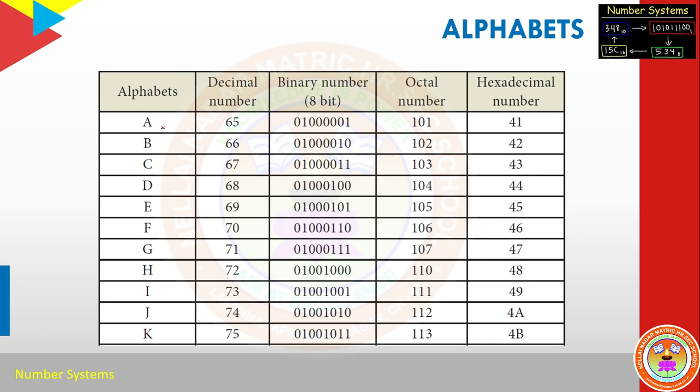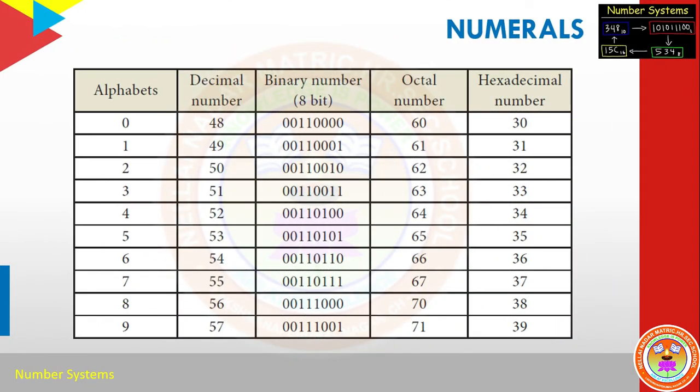So alphabet A should be considered as decimal number 65. This is one of the ASCII codes we already mentioned, right? So 65, and capital letter B is 66, like that you can write. Understood? And this side is the binary number in 8-bit format. The value should be used in an 8-bit format.